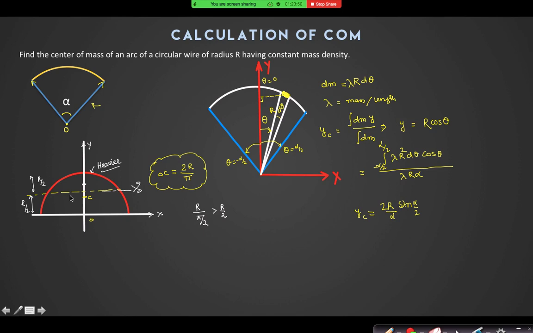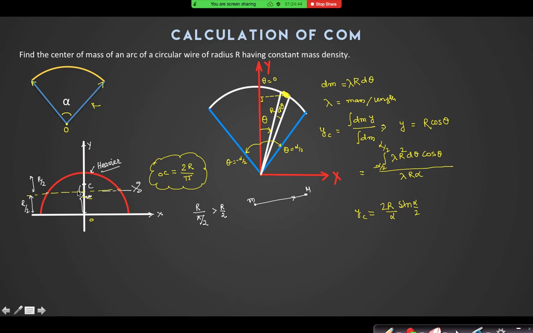Understood? The center of mass actually lies here. This is 2r by pi, greater than r by 2. As I have said, if there are two masses, one heavier mass, capital M, and one small m, where will the center of mass lie, towards the heavier mass or the lighter mass? The heavier mass. Now this semicircular ring consists of two parts, the upper segment and the lower segment. So the center of mass will lie towards the heavier segment.